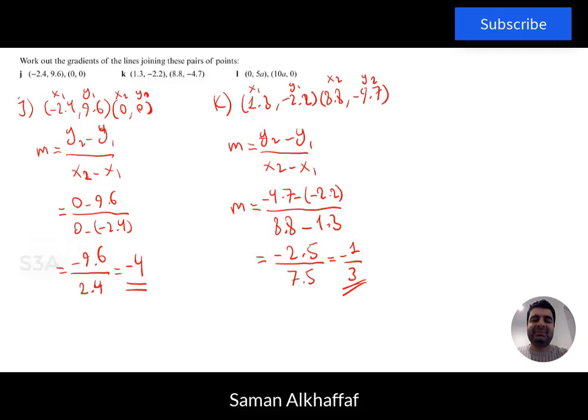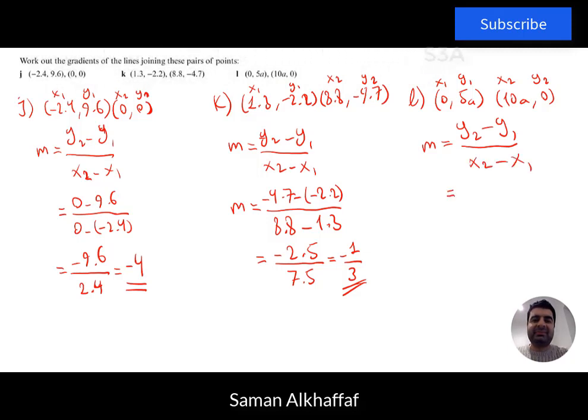In this example, we're looking at the 2 points of 0 and 5a, which represents x1, y1, and also we have the second point, which is 10a and 0, which represents x2, y2. So the gradient will be y2 take away y1 over x2 minus x1.